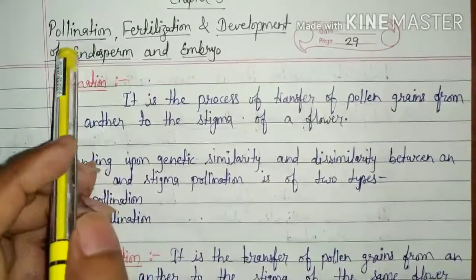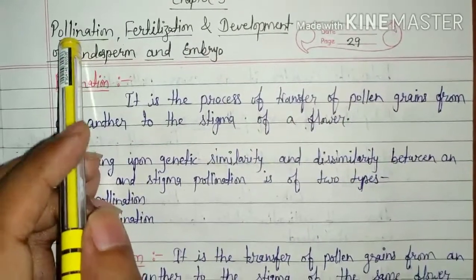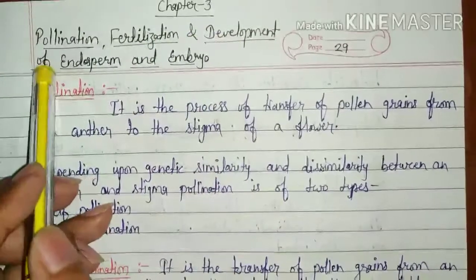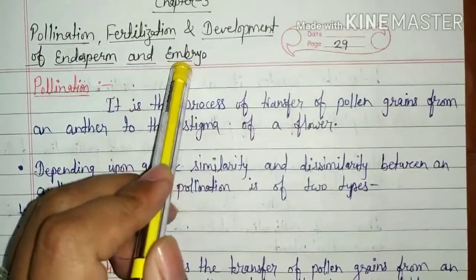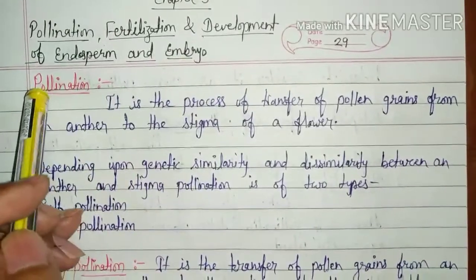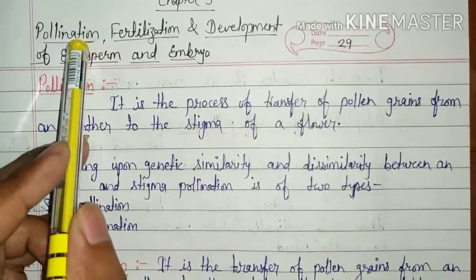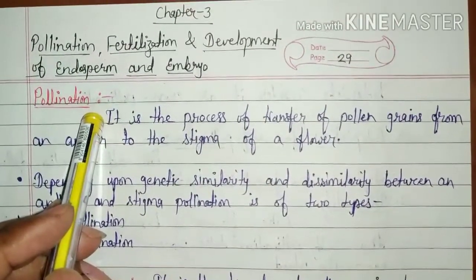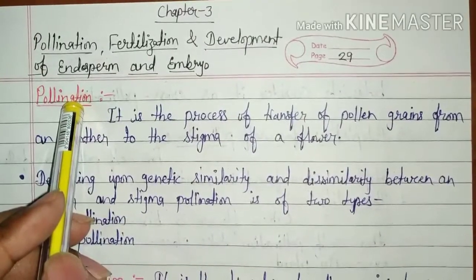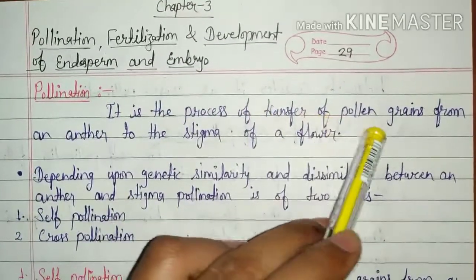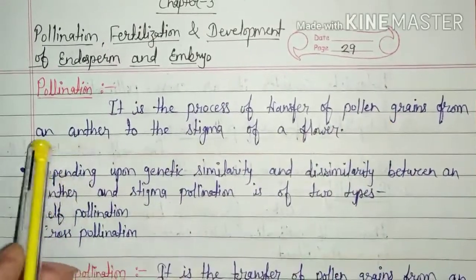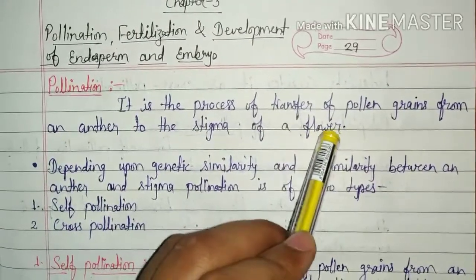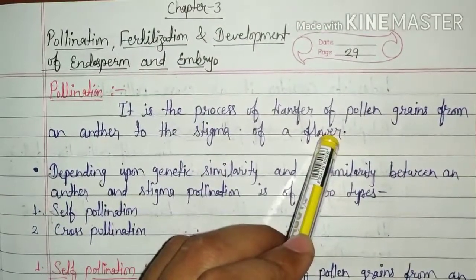Now, we are going to start the next chapter, that is pollination, fertilization and development of endosperm and embryo. Firstly, we will talk about pollination. Pollination is defined as the process of transfer of pollen grains from an anther to the stigma of the same flower or of a different flower.